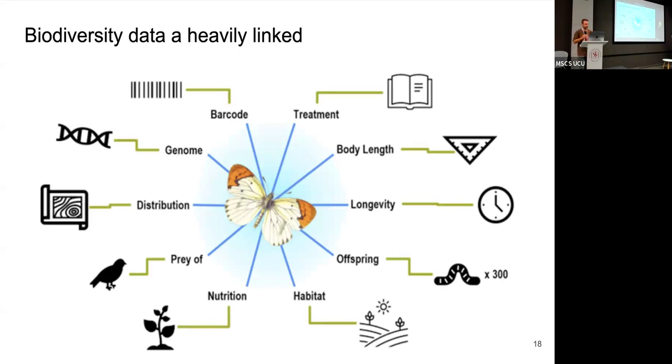Some organism is a predator of some other organism or a prey of some other organism. Some fungus is a parasite of some plant, and some plant is pollinated by some insect. And those insects have their own parasites, which have their own hyperparasites, and so on and so on. Interactions form the multidimensional networks of biodiversity data.